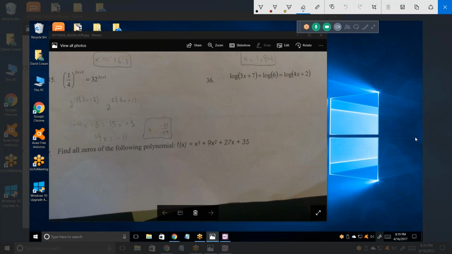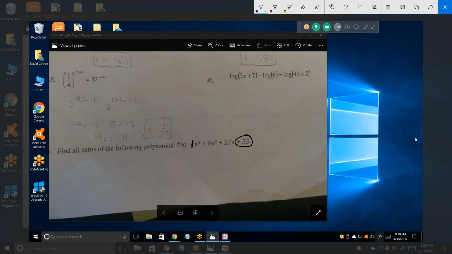If you had to do this manually, you would have to use it. If there is a rational zero of this polynomial, then its numerator has to be a factor of that constant, and its denominator has to be a factor of that coefficient. So the two most important numbers are the constant and the coefficient of the x cubed term.